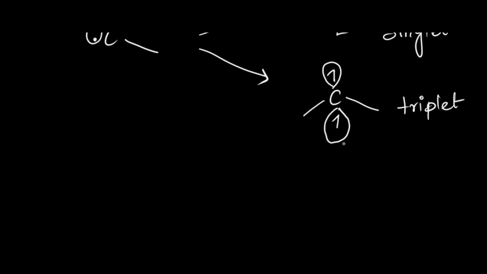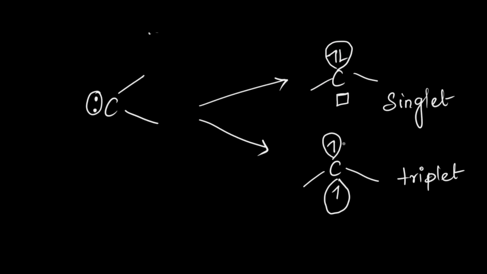Okay, so out of these two, which is more stable, singlet or triplet? So for that we have to understand their properties. The first one, singlet, will have sp2 hybridization. In case of triplet, it will have sp hybridization and be linear.